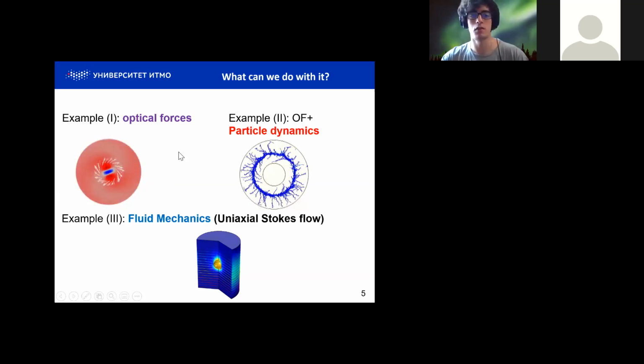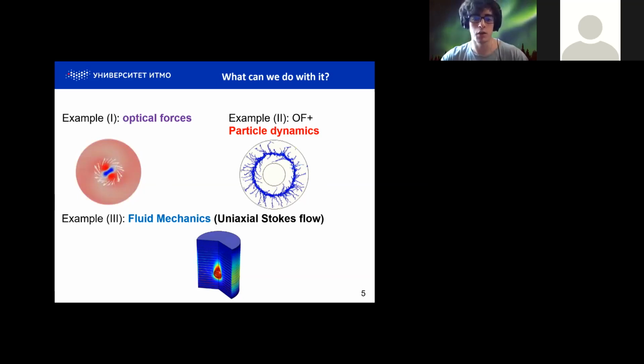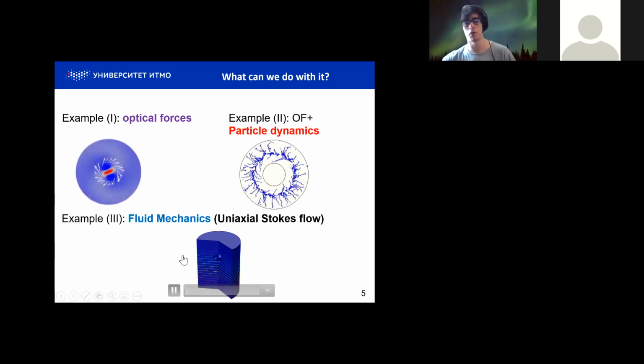We will extend the first model to also calculate the behavior of the particles surrounding the structure. And if we have time, I guess we will not build this model, but I can show you more or less how you can do it. I will show you the typical benchmark example for fluid mechanics, where you have some particle submerged in a fluid and moving due to gravity.